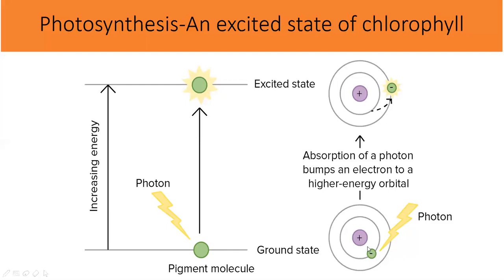When the chlorophyll molecule gets the energy, the electrons present in its outer orbital get excited and escape from their orbital. This we call the excited state of chlorophyll.